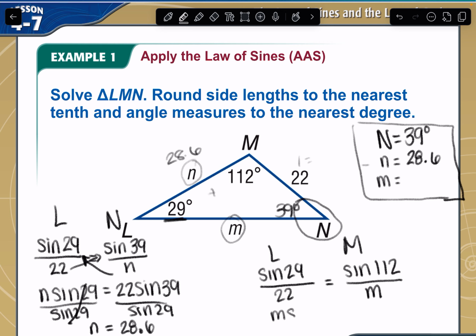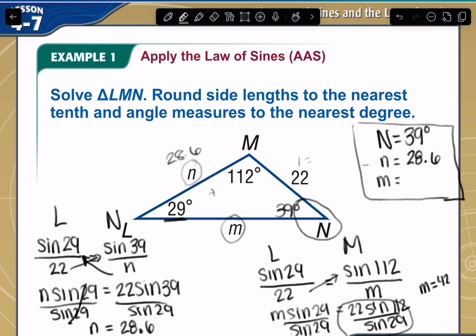So I would have m times sine 29 is equal to 22 sine 112. To get m by itself, I'm going to divide by sine 29 on both sides. And then I'm going to plug this whole chunk into my calculator and solve for what m is equal to. Whenever you do that, you should get that m is equal to 42.1.